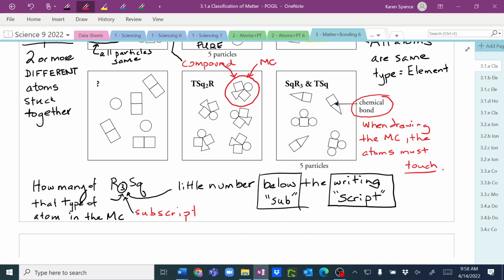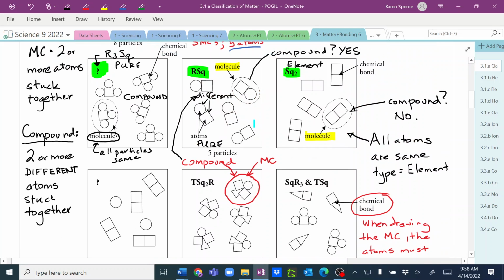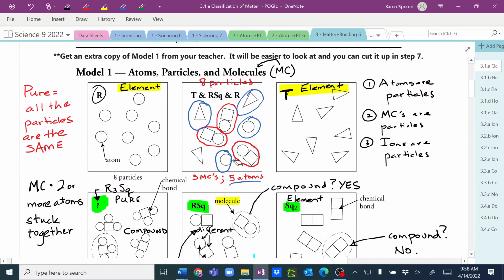Now, what if I was to ask you, and what if we went back up here, okay, and we looked again at this TRSQ plus R, what would we call that entire sample of matter? What would we call that entire sample of matter?